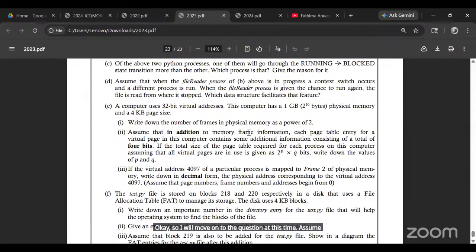Assume that when the file reader process of B above is in progress, a context switch occurs and a different process is run. When the file reader process is given the chance to run again, the file is read from where it stopped. Which data structure facilitates that feature? Very easy question, isn't it?